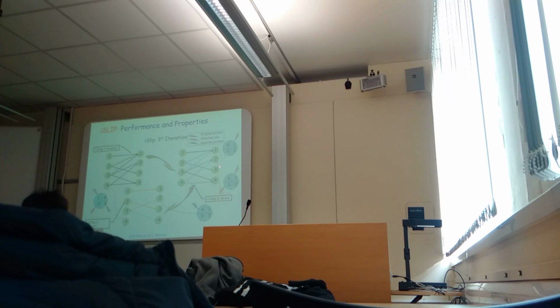Output one grants to input one, because the grants go from output to input. Output two grants to input three, output three grants to input two, and output four grants to input three. Okay?